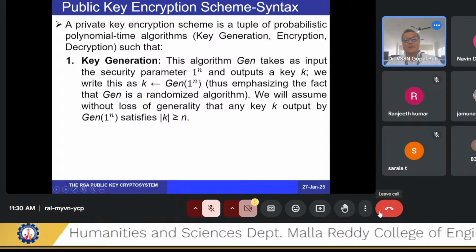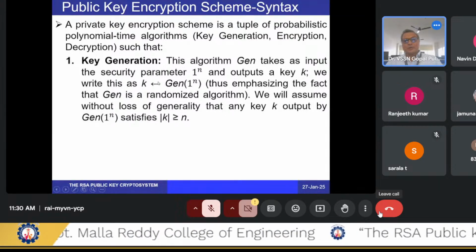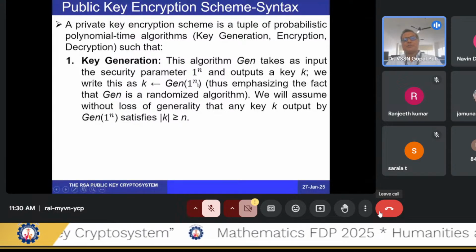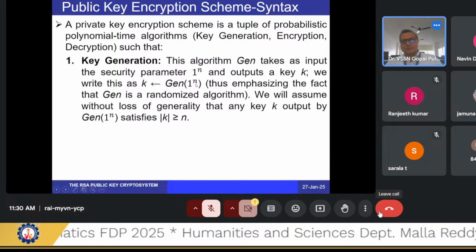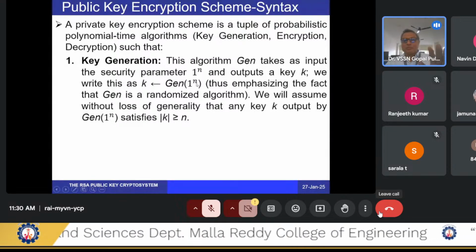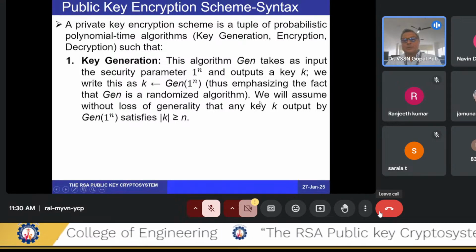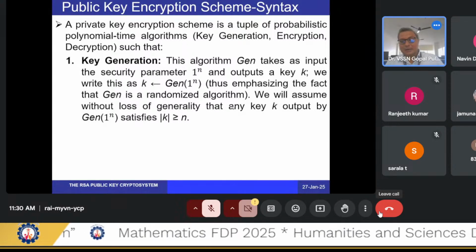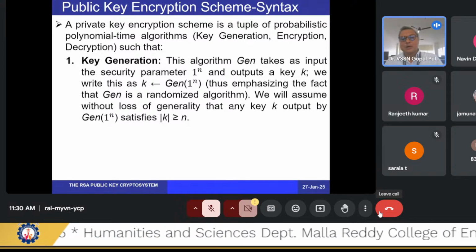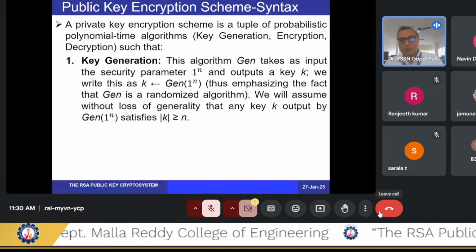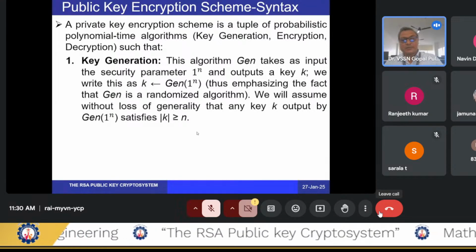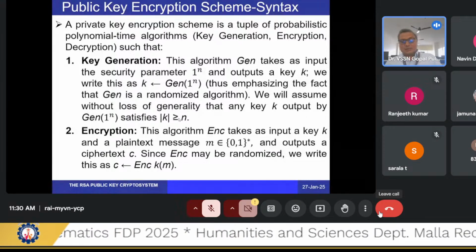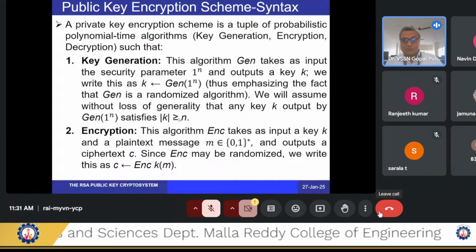We write this as Gen(1 power n) produces a key k. I hope 1 power n is nothing but the n-bit string of all ones. We assume, without loss of generality, that any key k output by the generation algorithm satisfies this. Let us move on to the second algorithm, which is the encryption algorithm.